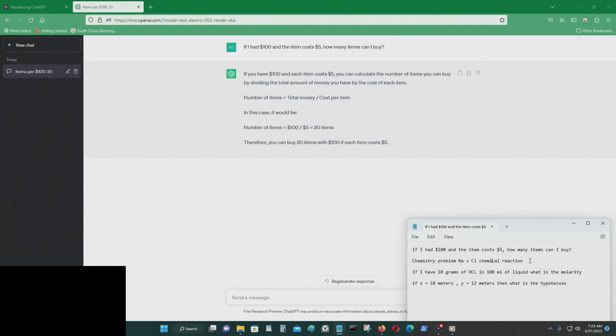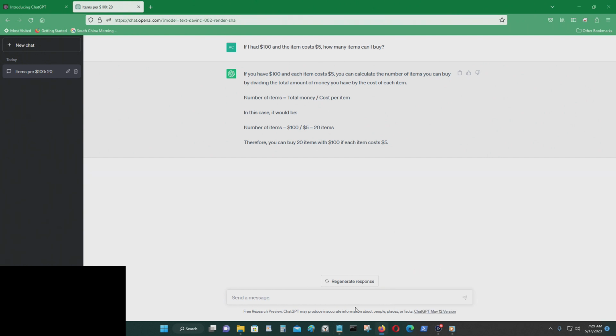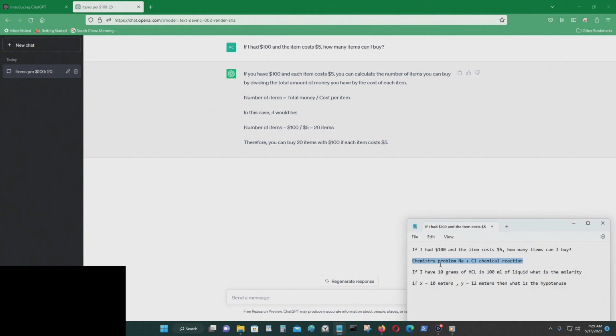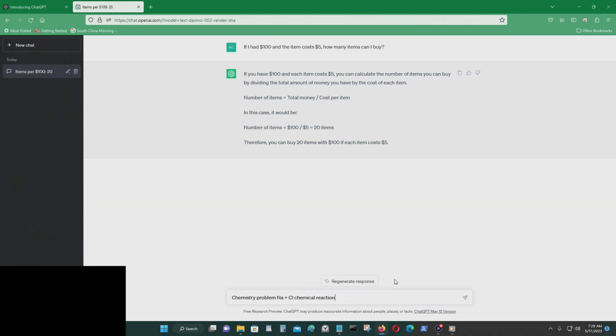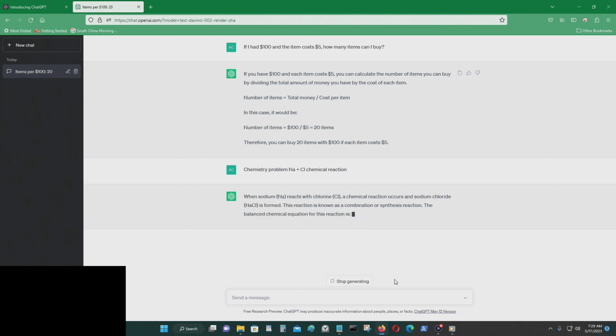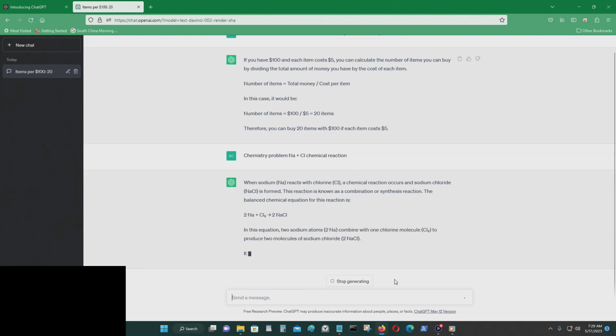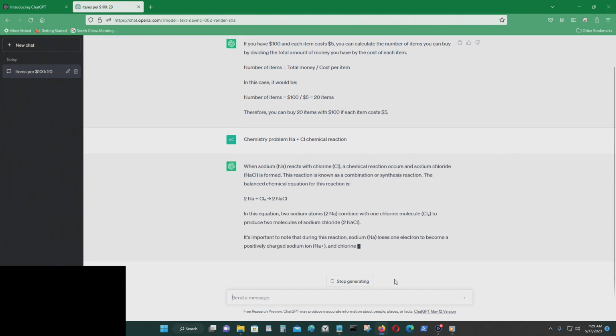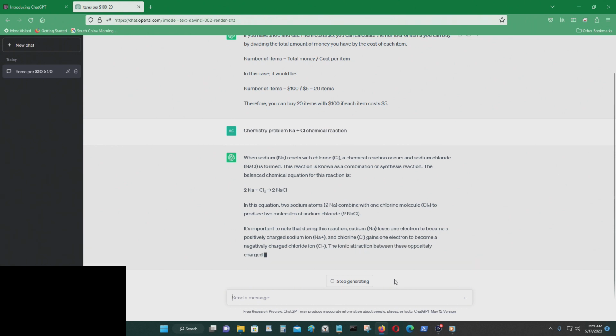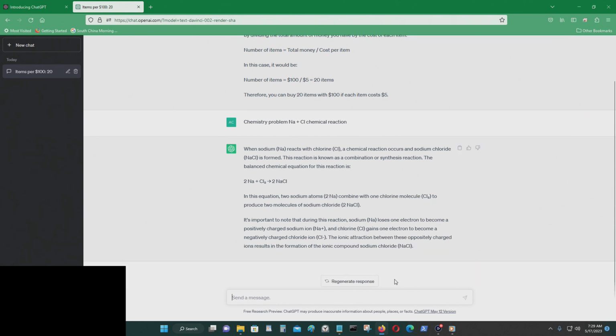Let's do a basic chemistry problem. I have sodium and chloride, so I just want to see what the chemical formula for that would be. Very basic chemistry problem.